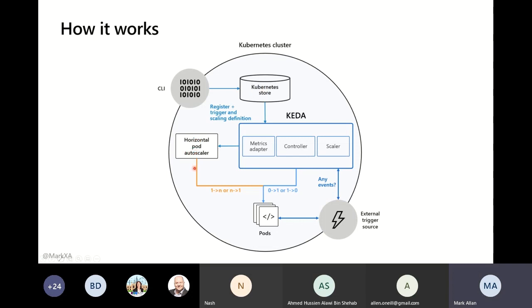So the horizontal pod autoscaler then scales between 1 and n, depending on how many pods it thinks it's going to need to process that amount of work, and you will have defined roughly how much work requires an extra pod in your definition. And then if KEDA sees there's no work in there, then what it will actually do is to turn that pod off entirely, and then when it sees work comes back in, it will then turn everything back on so it can start scaling up.